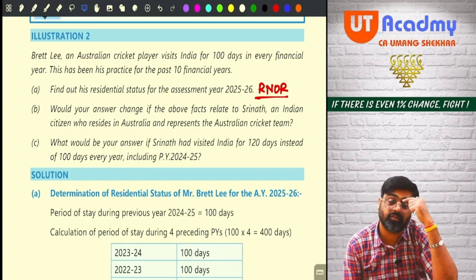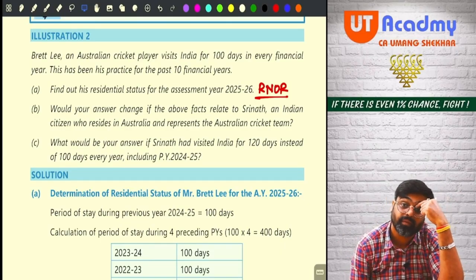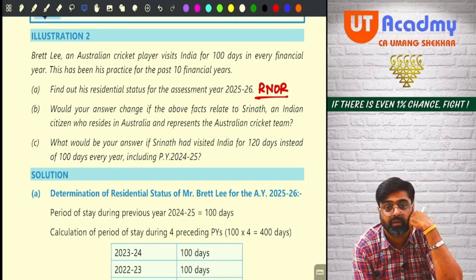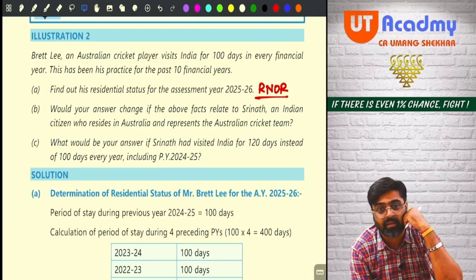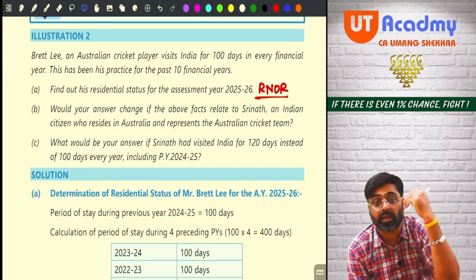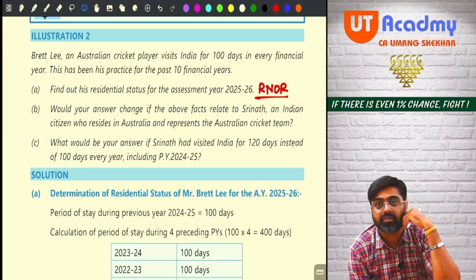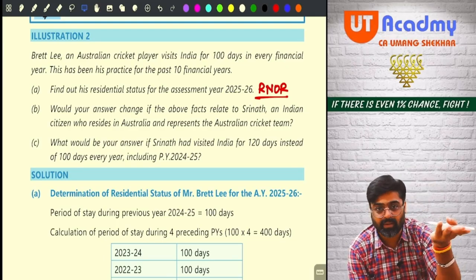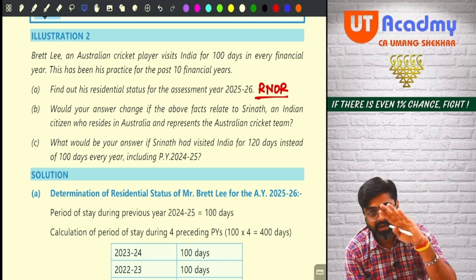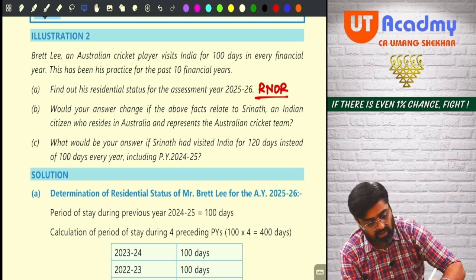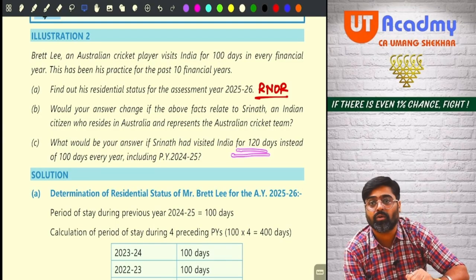So this year his stay is 120 days only. Basic condition A is still not fulfilled. B will not be applicable because we are assuming that he is covered by the exception, by assuming his total income to be up to 15 lakhs. So B is not applicable. A is applicable and A is not satisfied because his stay is still 120 days, which is not more than 182 days.